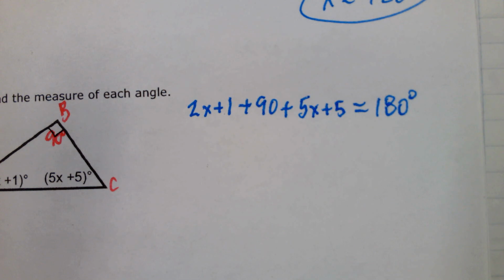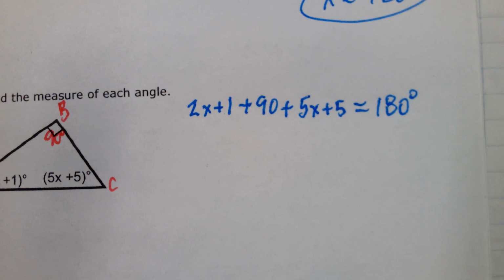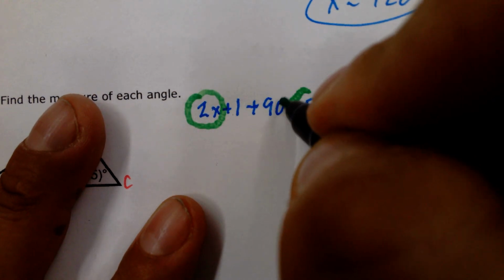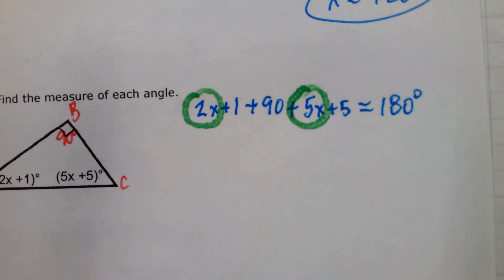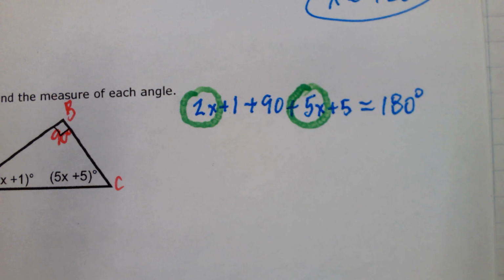So now we really have to use our order of operations and everything we learned about combining these. So we can combine 2x with 5x because the coefficients go together. What else can we combine? 1 plus 90.